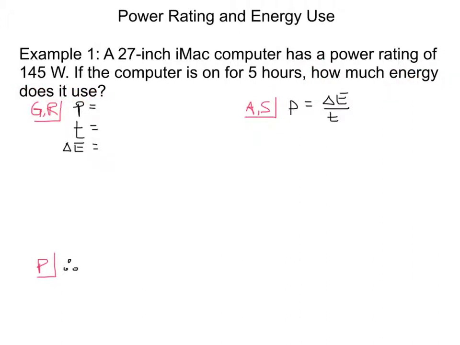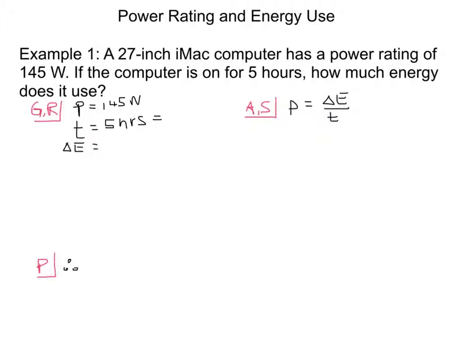So I'm looking for energy here in joules, so I need to write out my given and required. So power is 145 watts, time is 5 hours, but since we're working in watts and joules, we're going to need that in seconds.